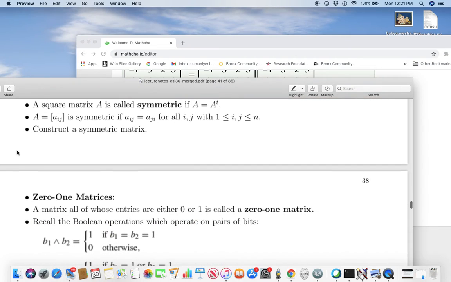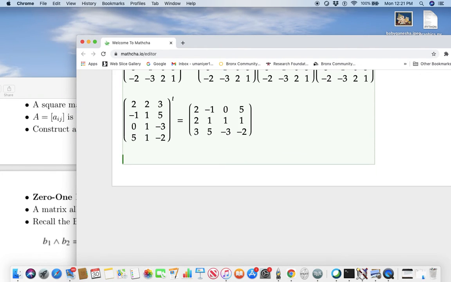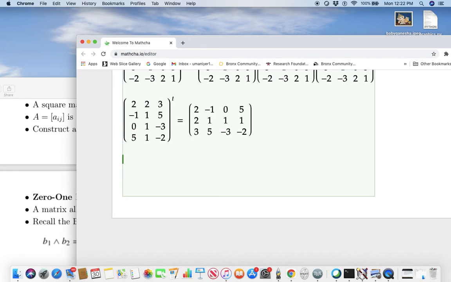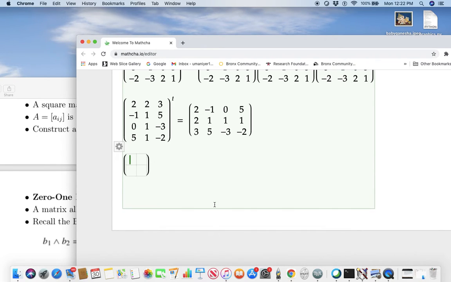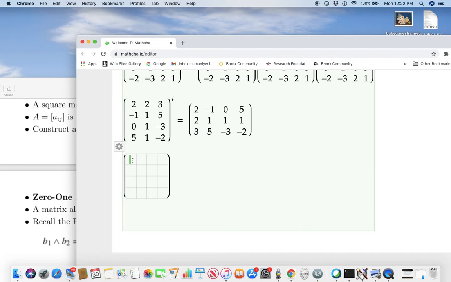A square matrix is called symmetric if A is A transpose. Let's take a square matrix. Let me make it size 4 by 4. Square matrix means the same number of rows as columns, right?